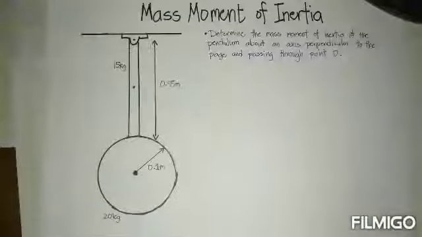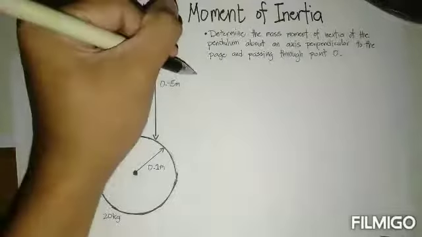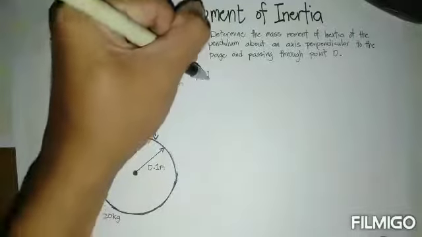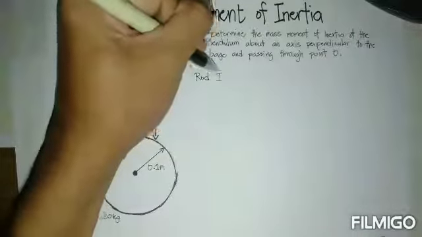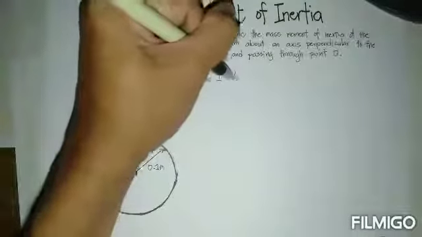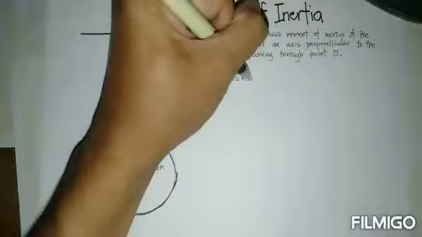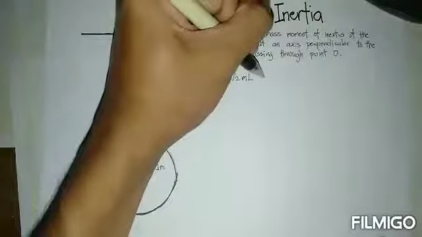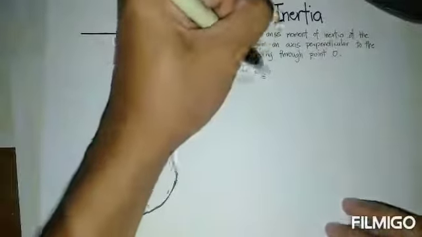For the mass moment of inertia, we have this pendulum. Determine the mass moment of inertia of the pendulum about an axis perpendicular to the page and passing through point O. For the inertia of the rod, we have the formula: inertia equals 1/12 times mass times length squared.